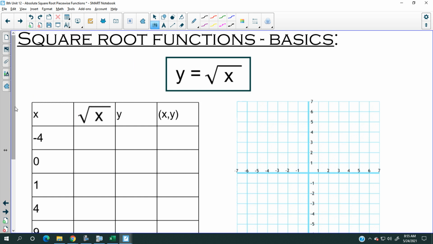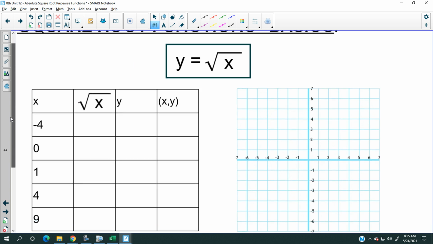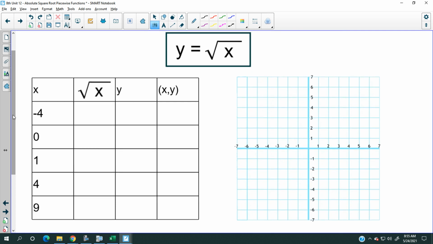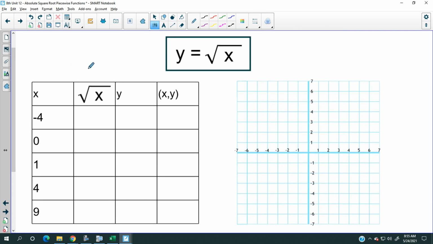Now, here, what we're going to do is this. First of all, if we were to look at a table of values, looking at this function here, and we're trying to graph it by hand, think about this for a second. I'm going to start from the bottom and work my way up to the top.